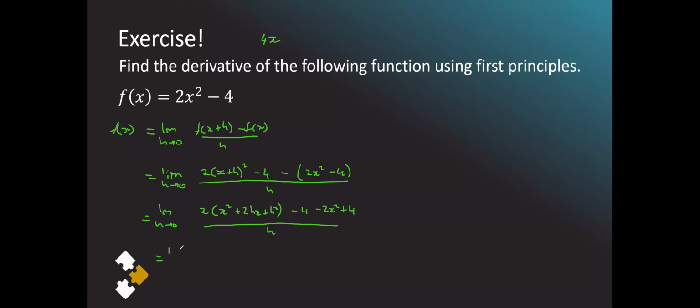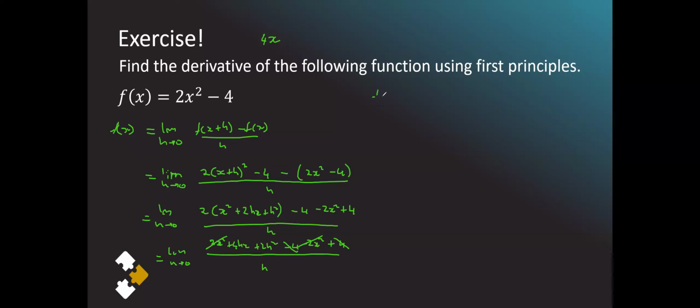Then we know the limit as h approaches 0, because we don't want to lose any marks: 2x squared plus 4hx plus 2h squared minus 4 minus 2x squared plus 4, still all over h. What cancels? This and that cancel. This and that cancel. Then we can take out a common factor of h.